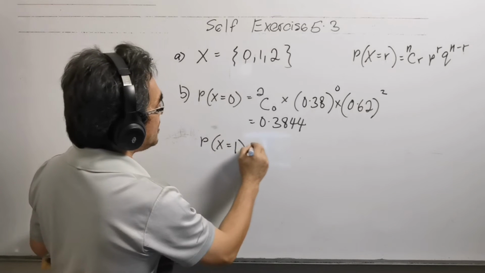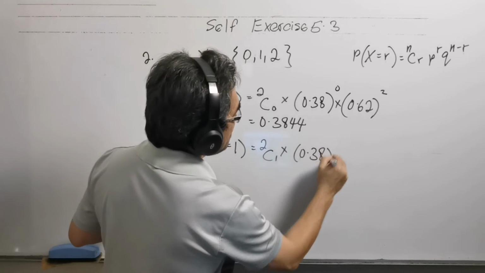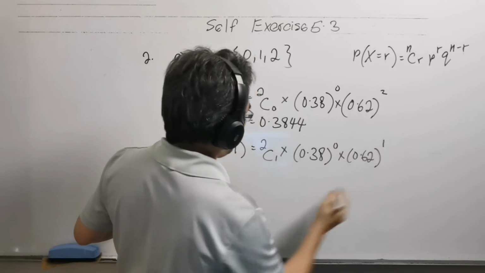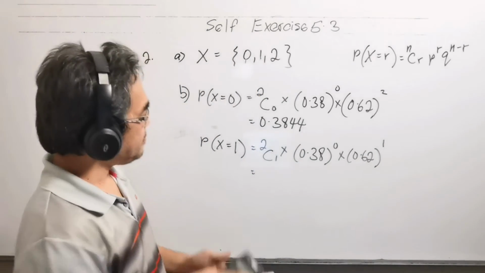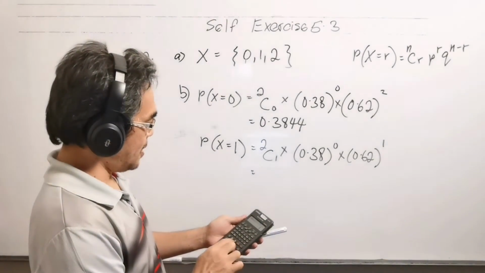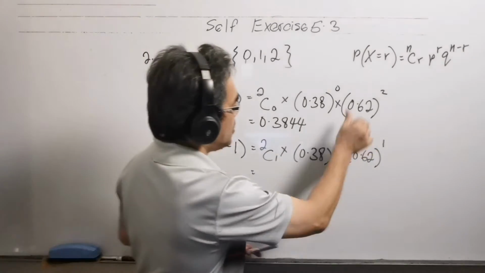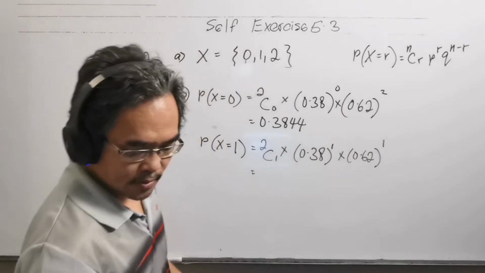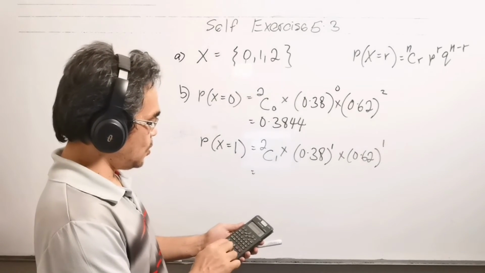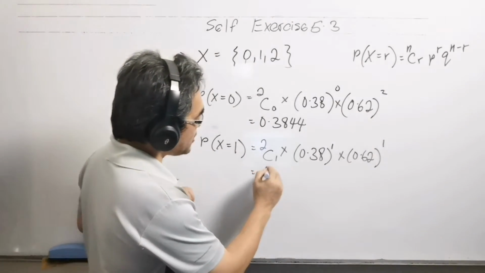P(X=1) equals 2C1 times 0.38 to the power of 1 times 0.62 to the power of 1. 2C1 times 0.38, not to the power of 0, but to the power of 1, times 0.62 to the power of 1 again. That is 0.47.